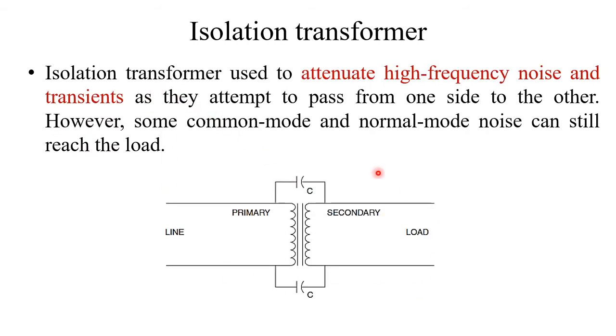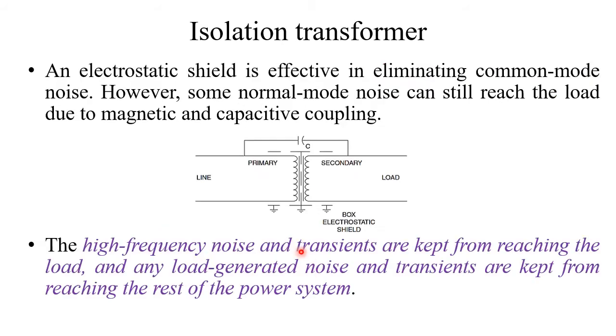The isolation transformer attenuates, that is, suppresses, high frequency noise and transients passing from one side to the other. However, because of capacitive coupling, some common mode and normal mode noise can still reach the load. So here we have to provide an electrostatic shield to eliminate the common mode noise.